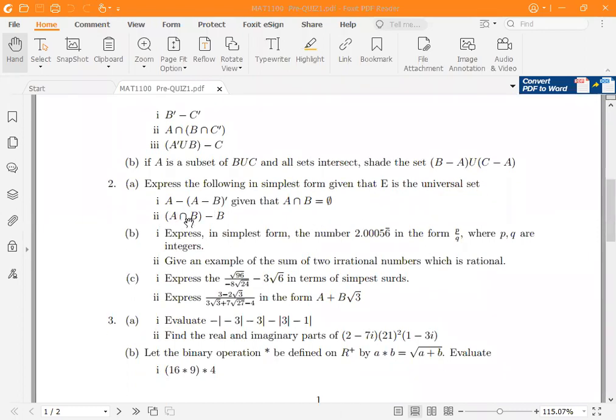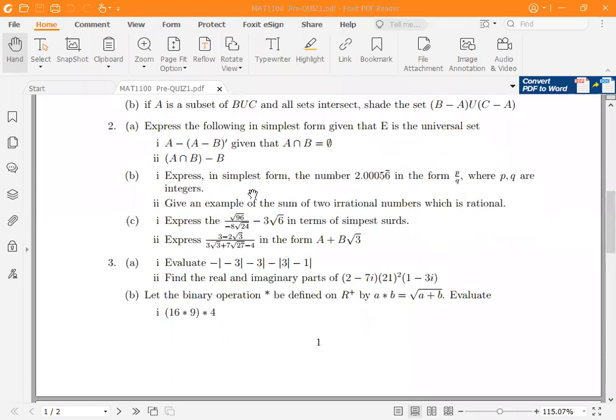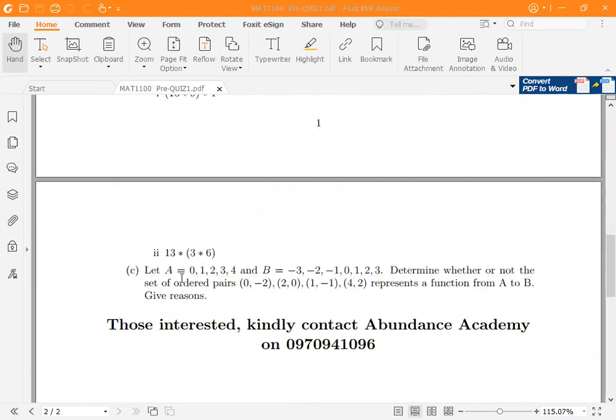Okay, so we've gone up to question 2A. Yeah, so we have quite a good number of questions. B, express this as a fraction, and then give an example of the sum of two rational numbers, which is rational. Expressed in terms of simple sums. Express that in the form, evaluate this. Then we have this, find the real and imaginary parts, the binary operation calculations. And then let A be that.